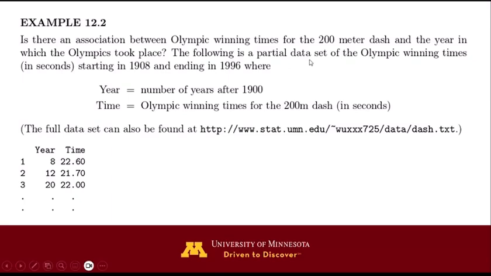This is a link to the data set, and these are bivariate data, year against time. A year of 8 means I'm talking about 1908, 12 means 1912, and 20 means 1920. The data go all the way to 1996.